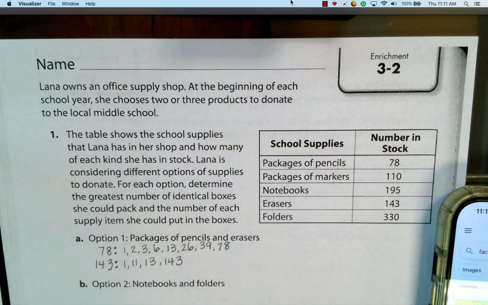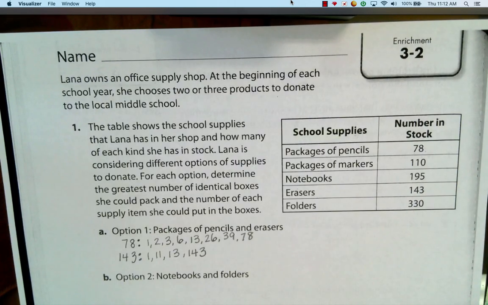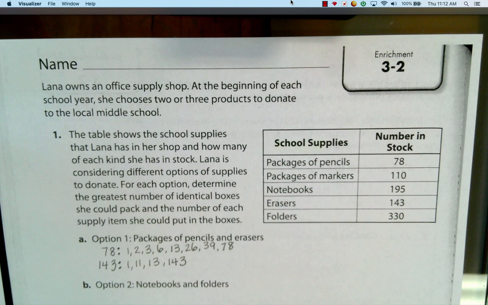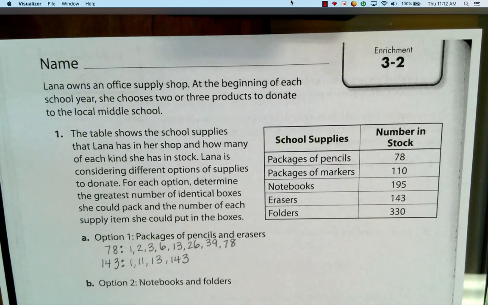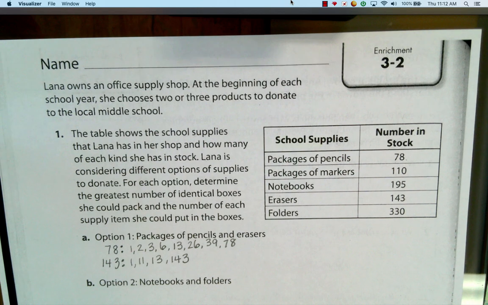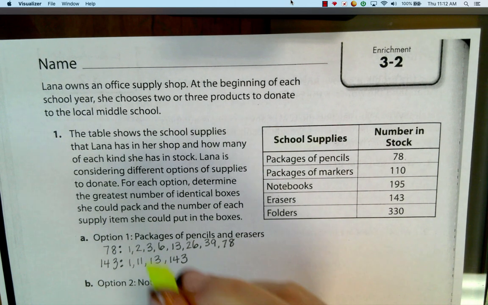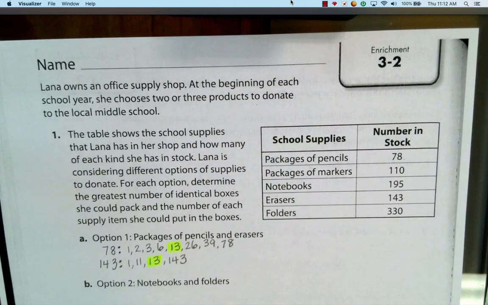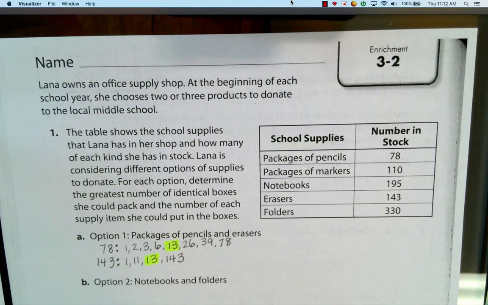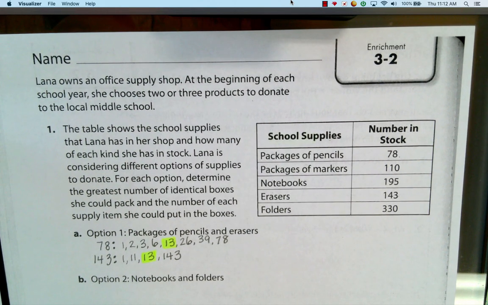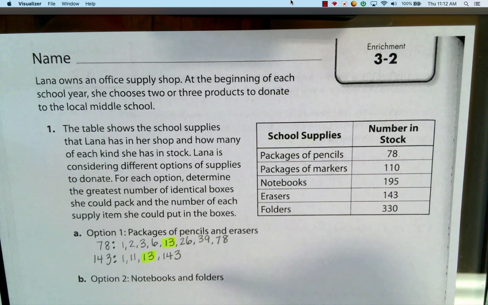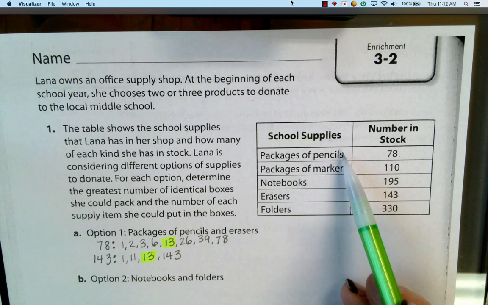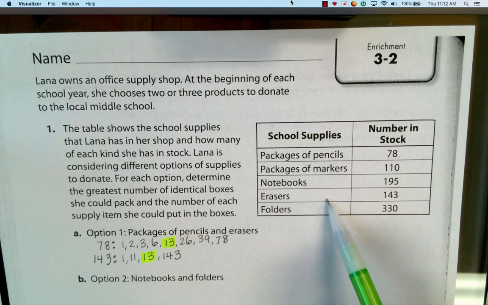Now if you have your highlighter, pencil, whatever you want to use, the next step we have to do, and this will all make sense, highlight the greatest common factor, because that's what we're looking for. In this case, it's 13. So, hear me out. This means that Lana can make 13 boxes, evenly dividing up her pencils and erasers, okay?